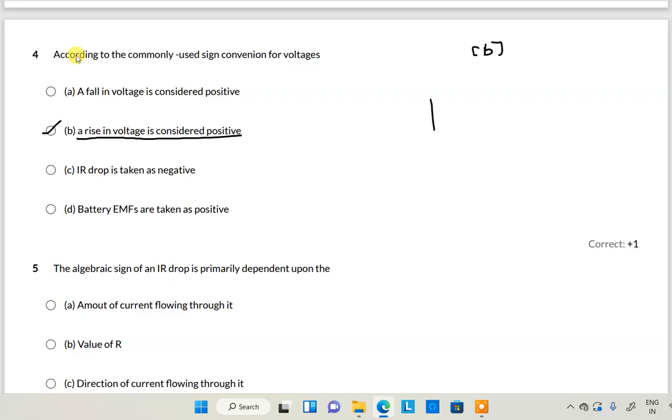Here this is a voltage source, negative and positive. For example, this is a sign convention, clockwise direction. Whenever the arrow goes from negative to positive, that means rising potential, which is considered as a positive magnitude. That is one of the common conventions.